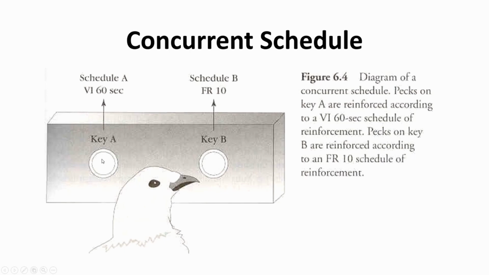Here, key A is associated with schedule A, which is a variable interval schedule of reinforcement where every 60 seconds or so, pecking that key will get them food. We can also have schedule B associated with key B, which is a fixed ratio of every 10 pecks they would receive reinforcement. And in terms of choice, we would care how likely they are to choose A or B.